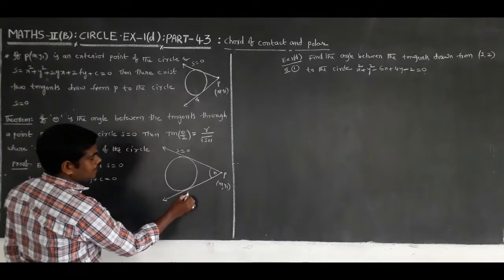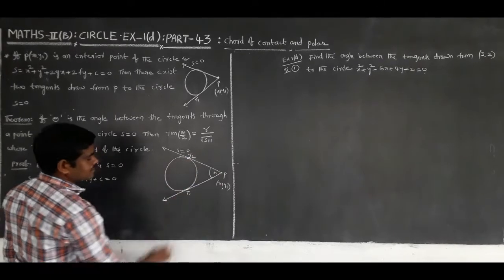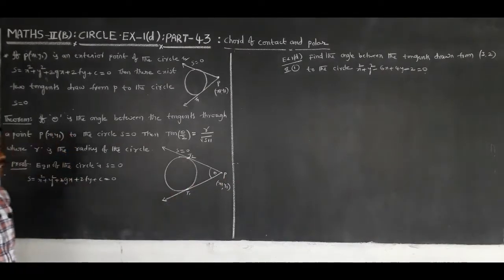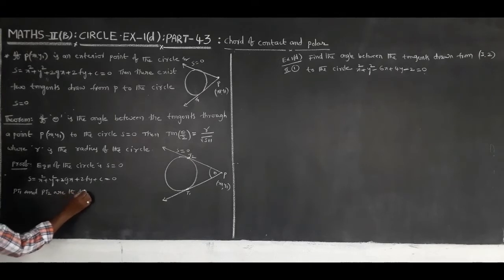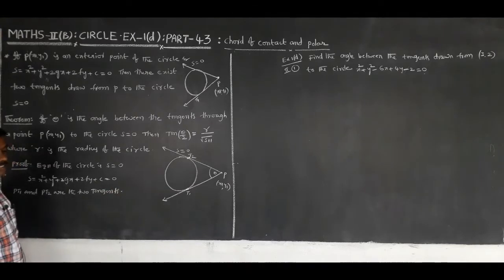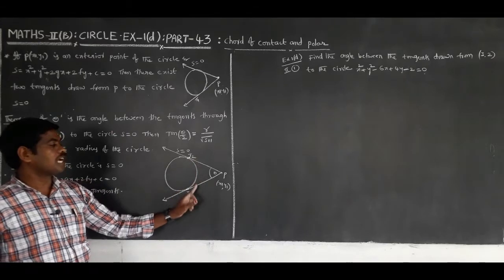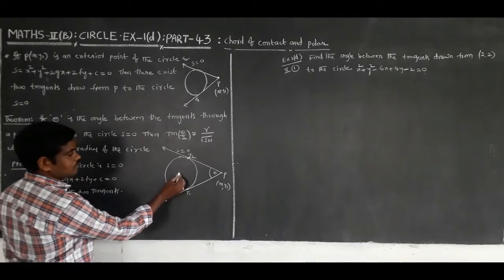Here PT1 and PT2 are the two tangents drawn from P to the circle S equal to 0.